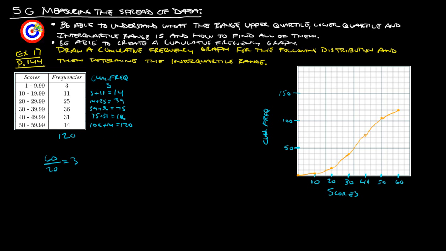So let's take our 120 total pieces of data and break it into 4 equal pieces. Every 30 on our cumulative frequency graph should be 25% of our data. So 10, 20, 30, that makes this nice and easy. So what we want to do is go over here at 30.